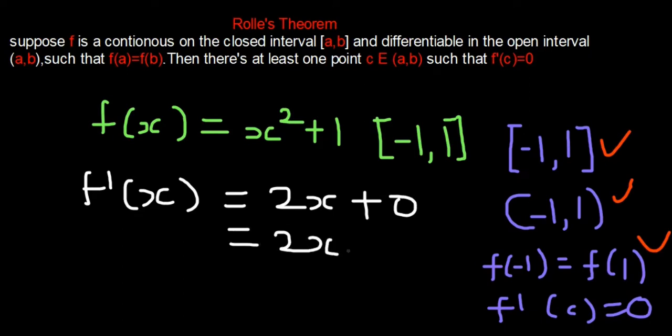Rolle's theorem says that there is at least a single point C where the derivative of the function will be equal to 0, or where the slope of the function will be equal to 0. That point is point C, and this is the expression for the slope of the function.